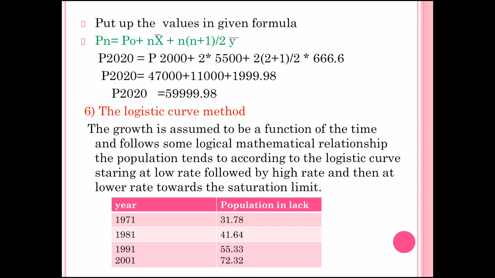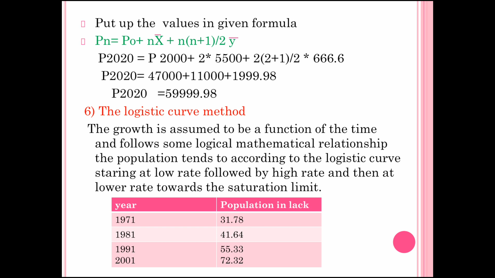Putting in the formula: 2 into x bar, where the value of x bar is 5500, and y bar is equal to 666.6. Putting all these values in the formula, the population in 2020 comes out to 91999.